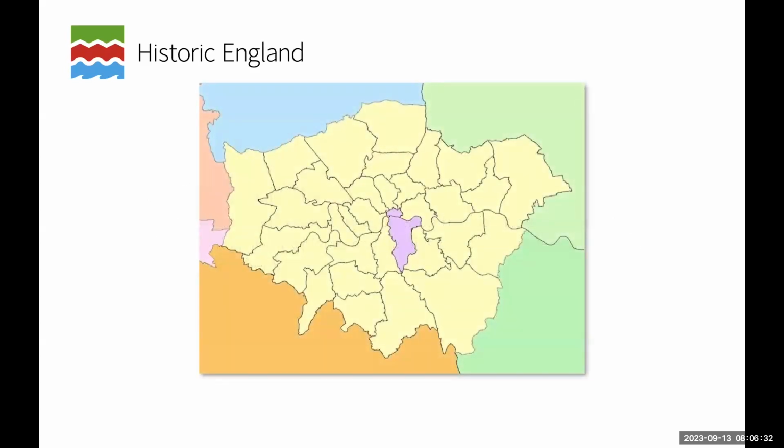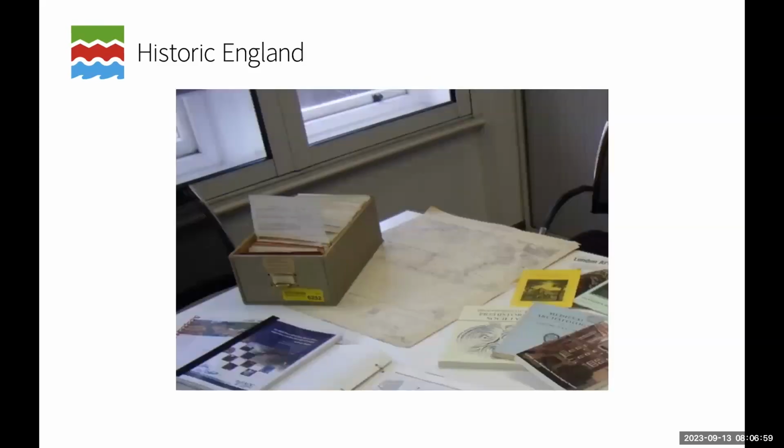As I say, the HER covers all the London boroughs, all 31 of them, including the cities of Westminster and London, plus a couple of planning authorities. But my archaeological advisory colleagues, they cover all of London save Southwark, who have their own in-house advisor. There's 5 advisors and they share up the whole of the 32 boroughs between them.